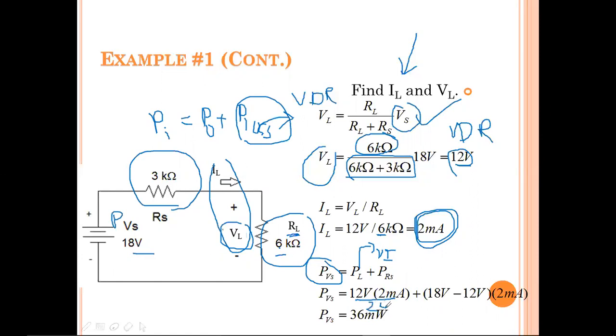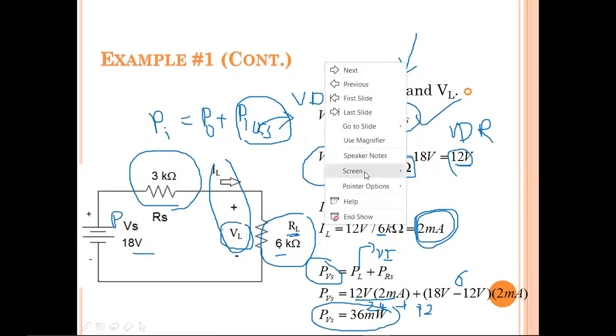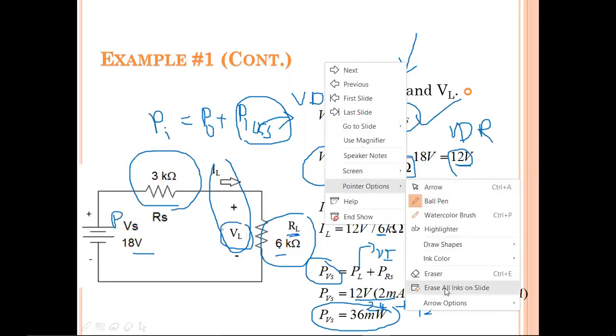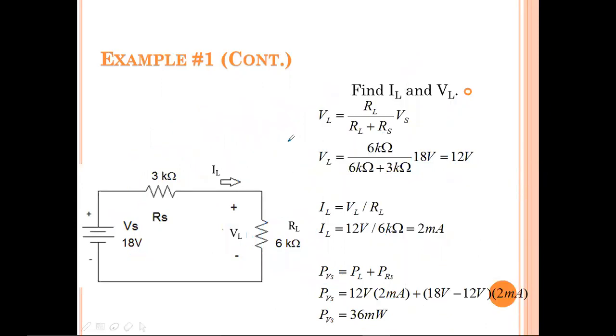Here 24, here 12 milliwatts, because 6 times 2 is 12 milliwatts. Then 24 plus 12 is nothing but 36 milliwatts being supplied. So I am giving 36 milliwatts of power from the source.